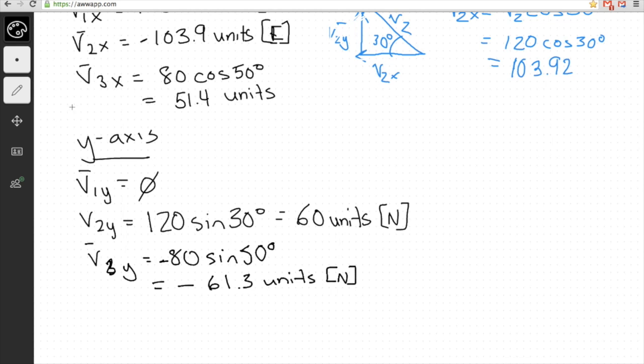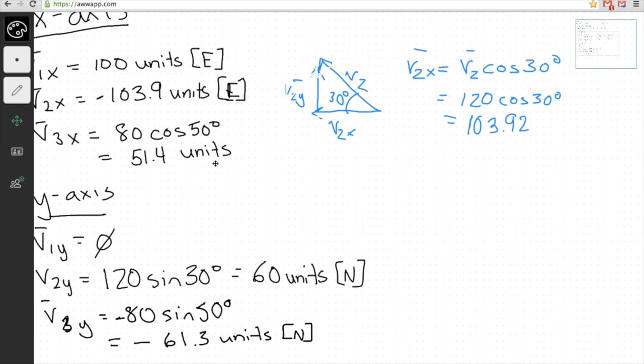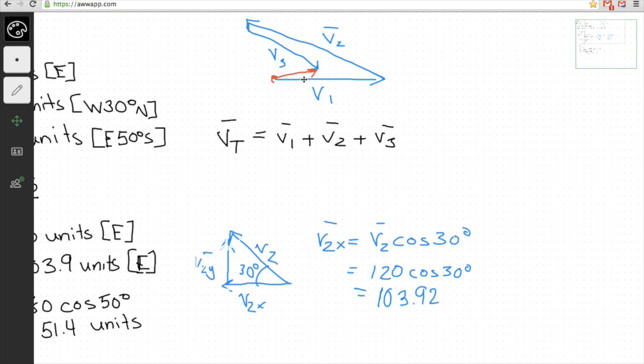Okay, so what we have here is we have all of the components of our vectors, and the idea is that if we add up all of the x components together, and then we add up all the y components together, what we'll get is a triangle that represents the triangle of our resultant vector. So let's look at this.